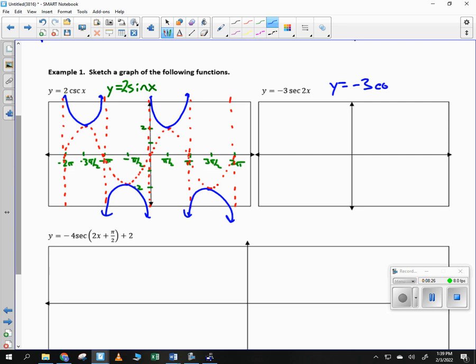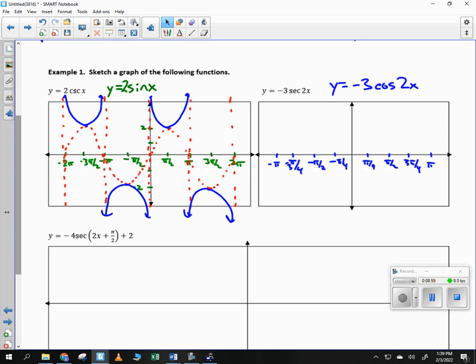Yep, -3 cosine of 2x. What's the period? Period's pi. What do you do, Laura? All right.